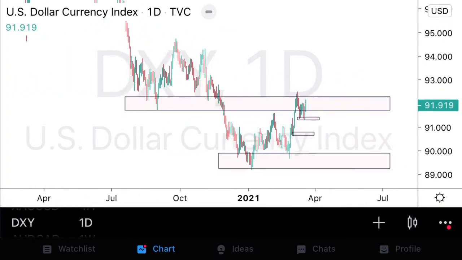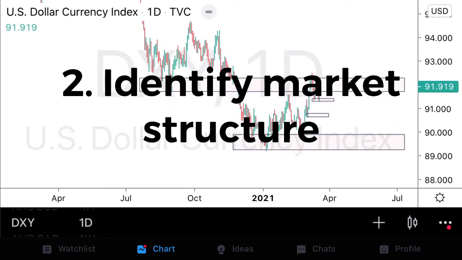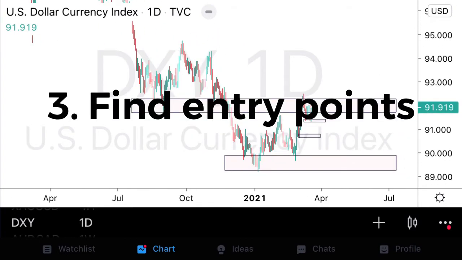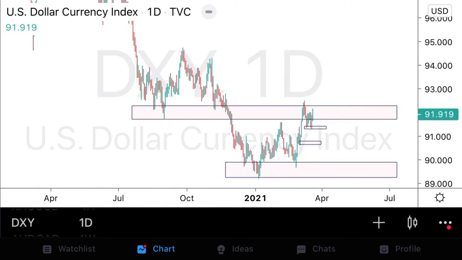I want to make sure that even if you're watching this video after these moves have happened, you're still able to gain so much value and understand the tools and concepts that we use to first of all break down a market, develop a bias, and then look at important structural levels, and then find points of interest where those probabilities are, where we'll be able to find trading opportunities in the directions that support our bias and that align with the structure that we've observed and picked out. So let's get into the DXY analysis, guys.